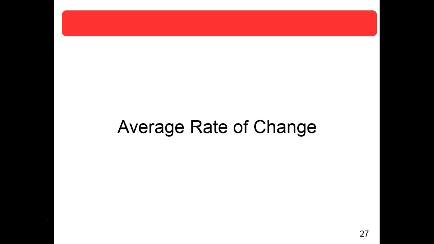Change is happening though, average rate of change. If something's happening from one to another, you have a difference in there. When you have a division, what do we call the answer? Quotient. And when you have a subtraction problem, what do we call the answer?